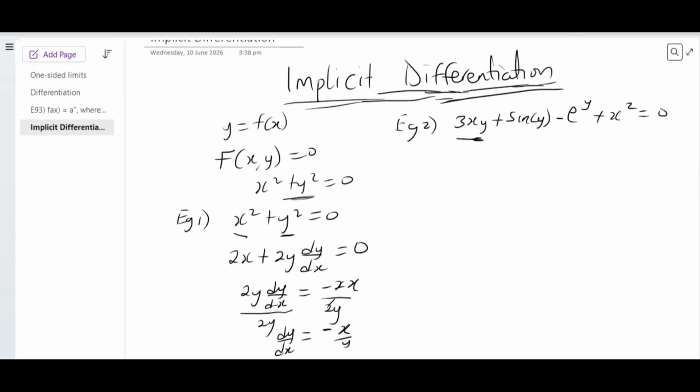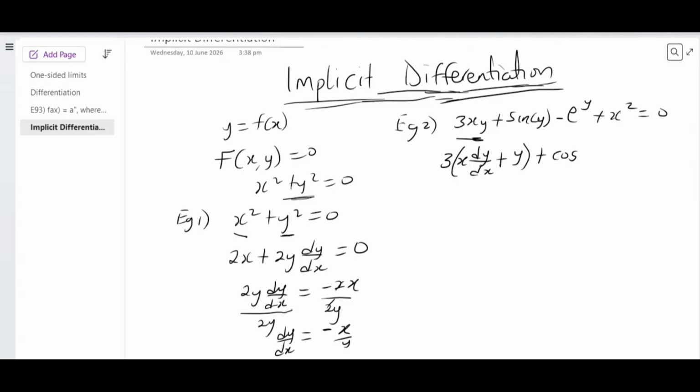So I'm going to start with this one, but here you need to be careful. We have a product of two functions, that is x and y, so we are going to employ what we call the product rule. I'm going to keep the x and then differentiate the y, which is 1, and I will attach dy/dx. Let me put it in bracket, plus I'm going to keep the y and then differentiate the x, which is just 1. Plus, anytime you differentiate the sine function, you get cos.